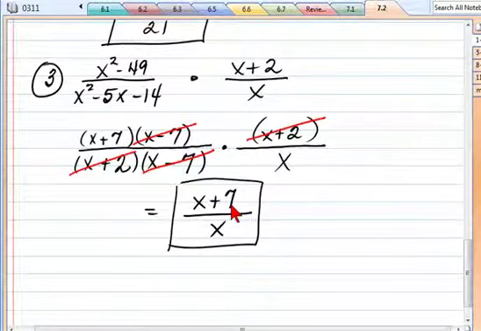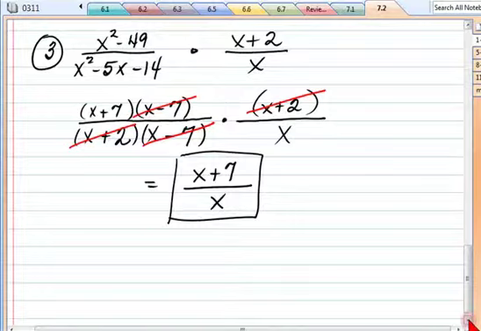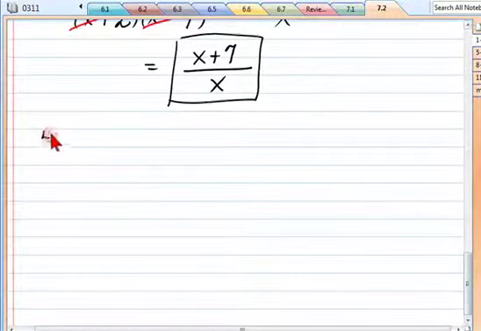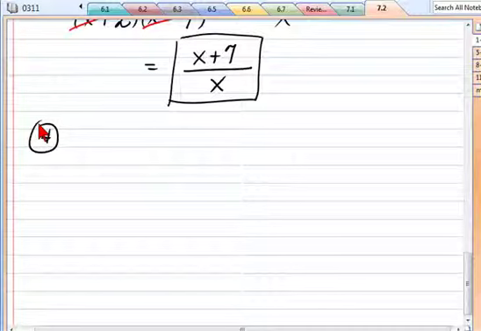Okay. Number 4. All right, we've got a lot of trial and error in this problem.